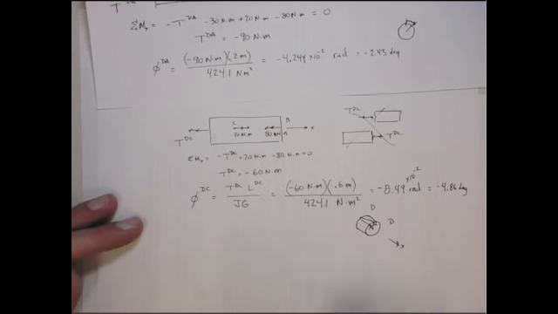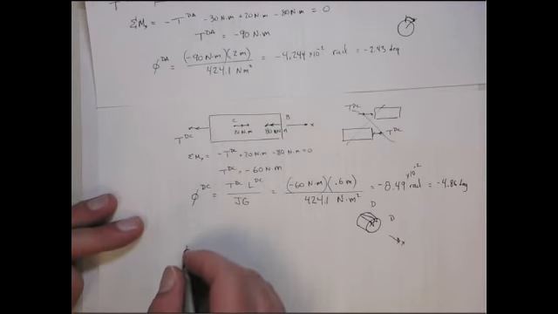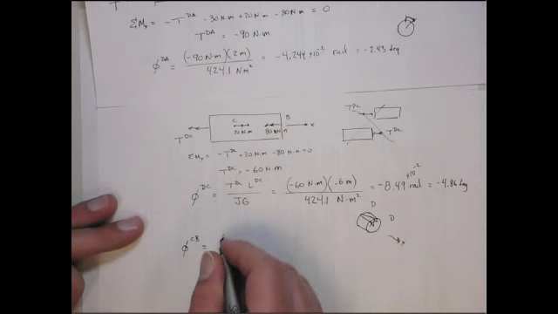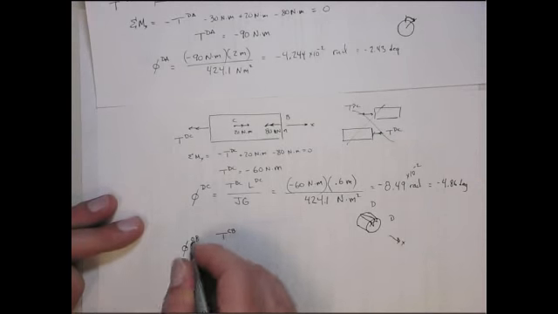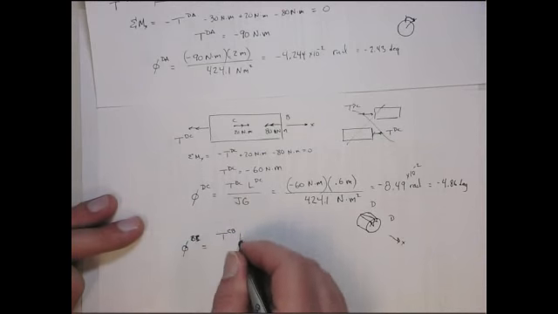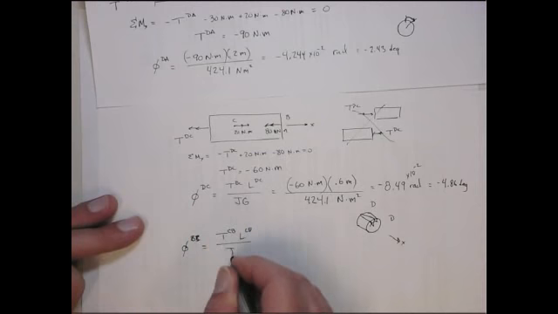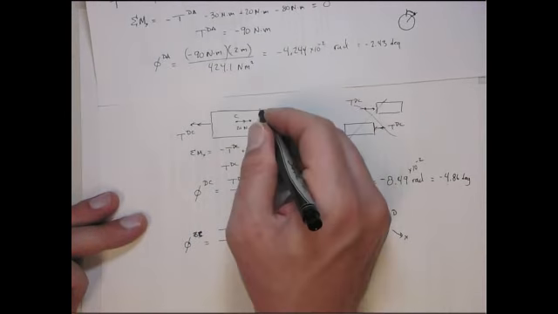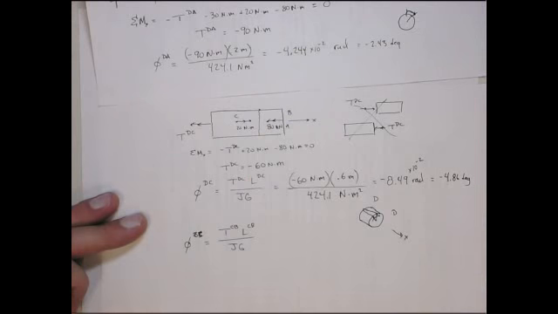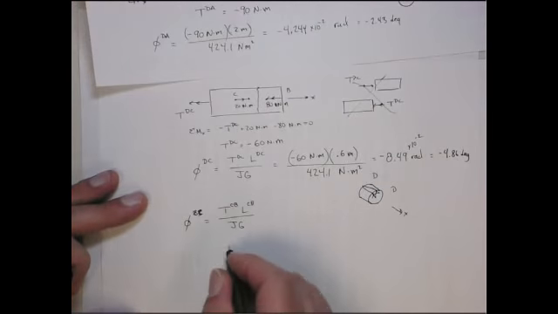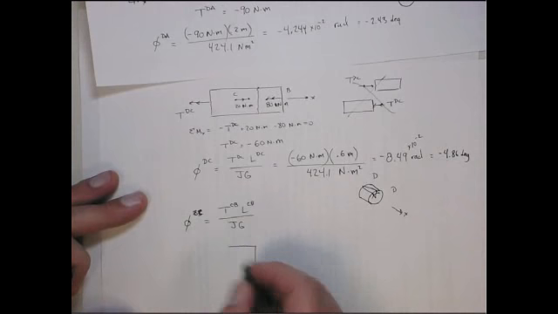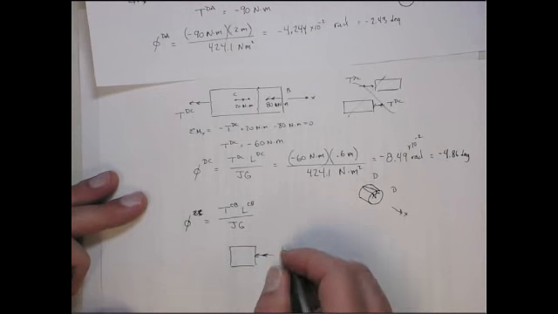All right. Now we need to get the rotation of B relative to C. That's the torque in section BC times the length of CB over JG. So now to get the torque in section CB, we'll take a cut there. We have just the 80 Newton meters acting in that direction.